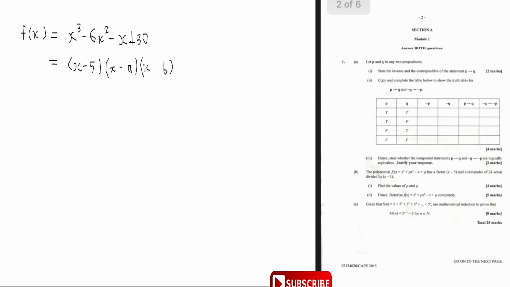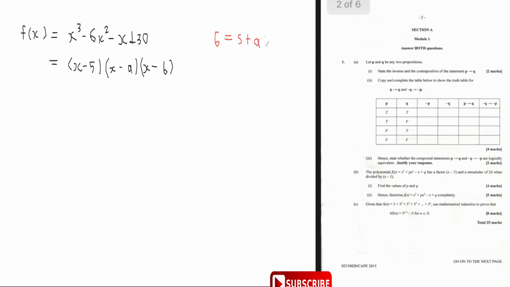We're going to find what is a and what is b. You might say, sir, what are we doing? We're using sums and products of roots. The sum of the 3 roots is 6. And so we can write that the sum of 6 must be equal to 5 plus a plus b.